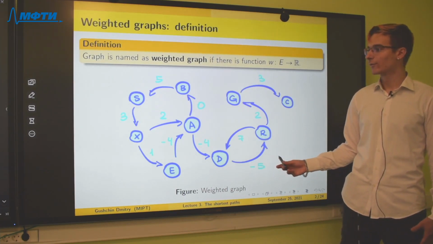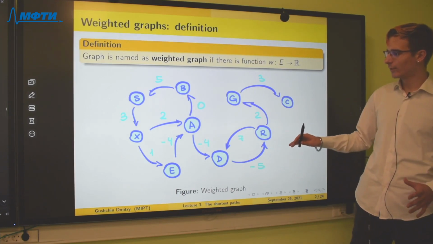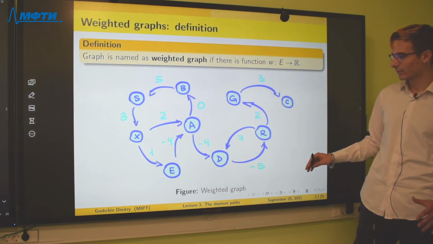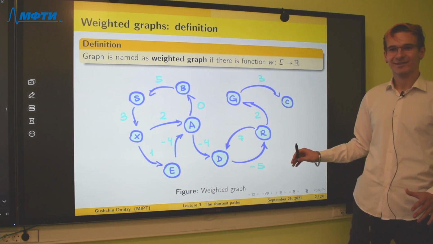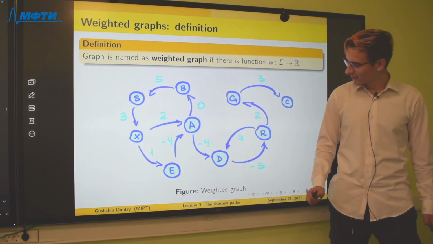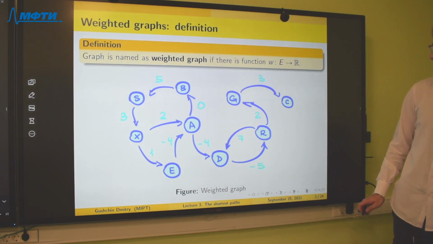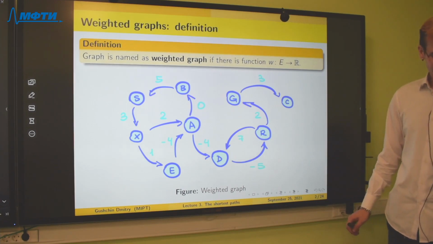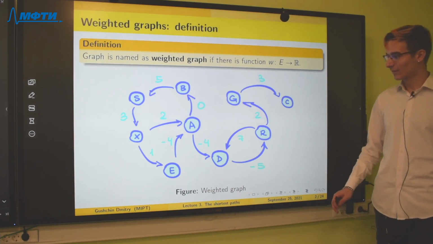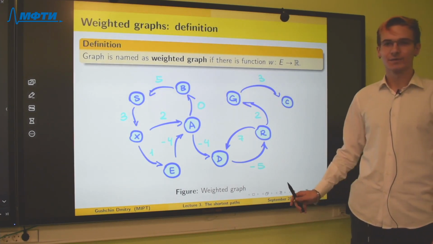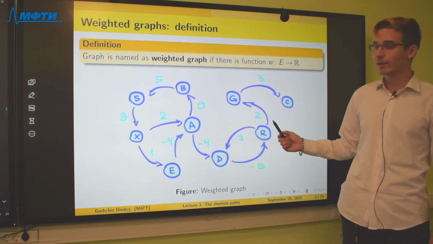But of course, your graph will be exponentially extended, and it makes a lot of problems. So we need to understand some algorithms that work with weighted graphs.